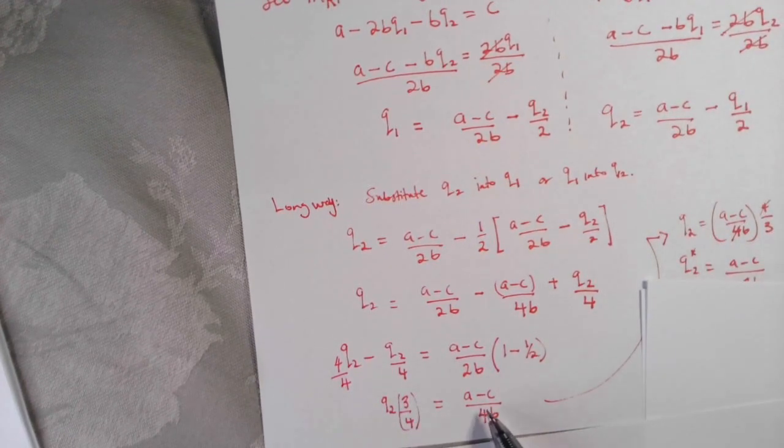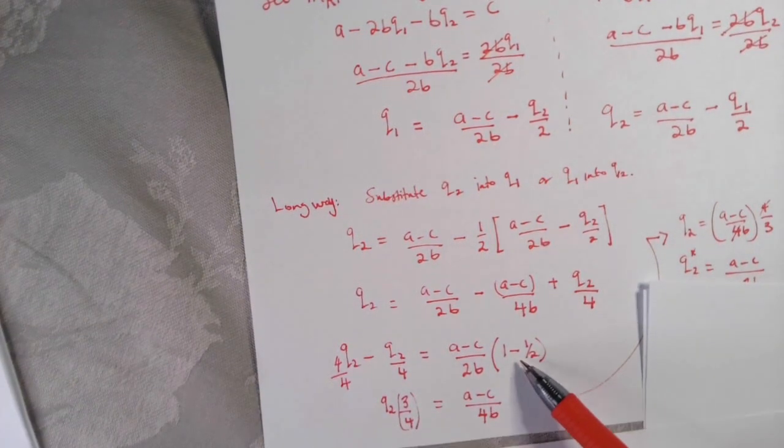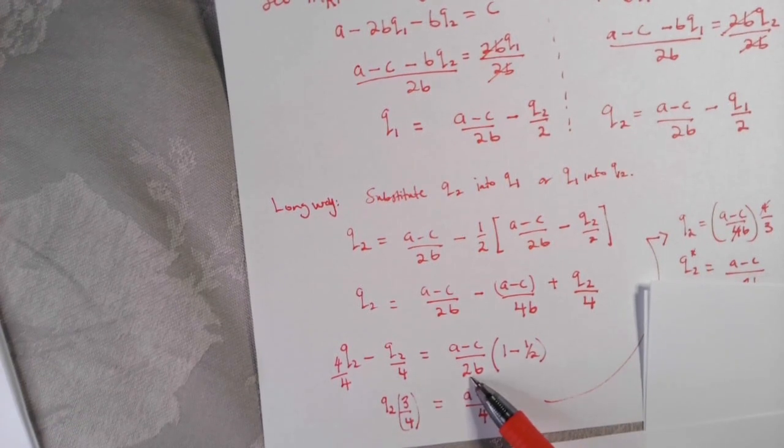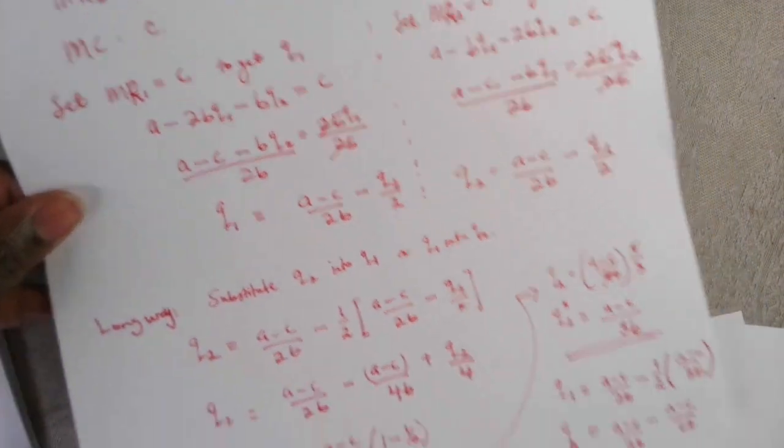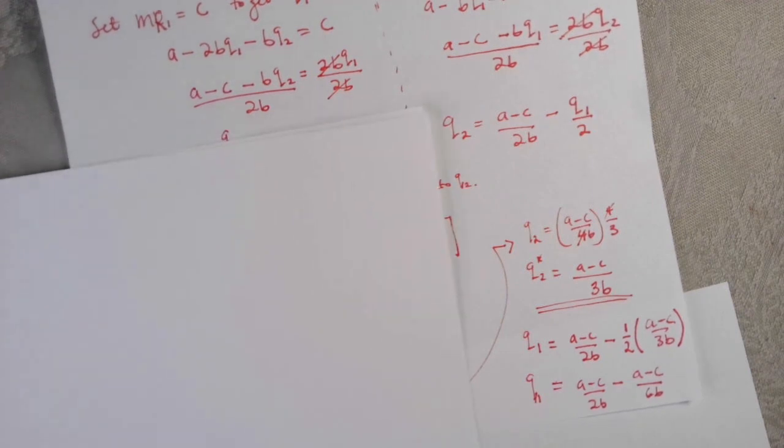You see there? Good. Okay, and then from here, I have a half in here. Multiply that by the denominator 2b. I have a minus c over 4b. Okay, so now let's move to that part on the end.